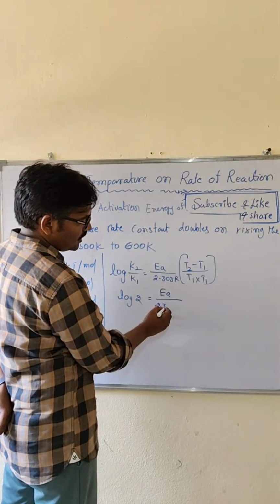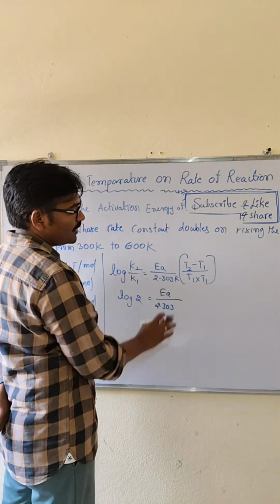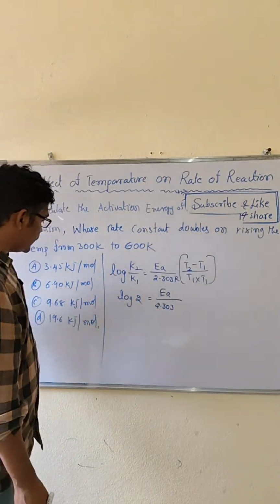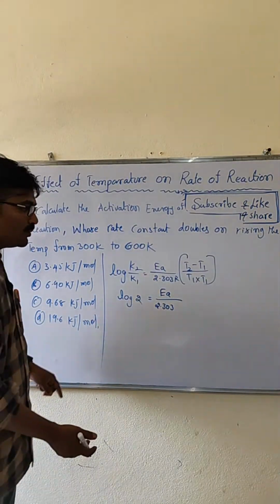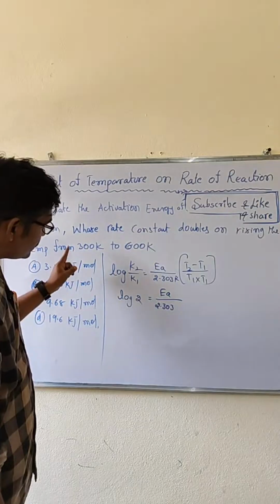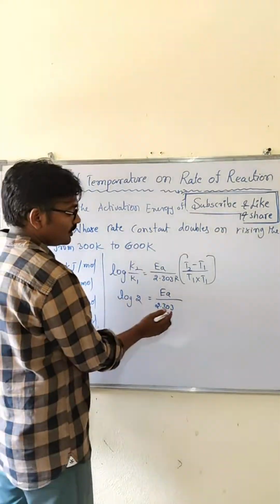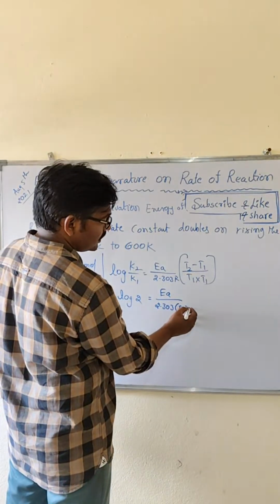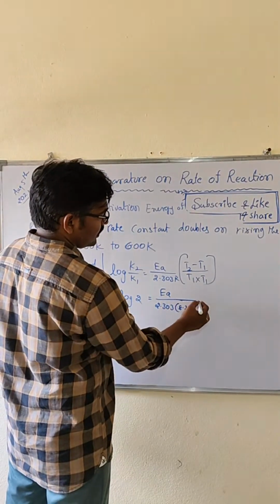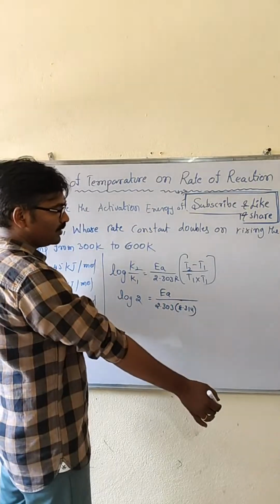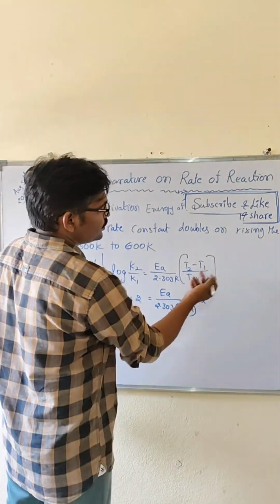Then 2.303, and in the place of R, in case the values are in joules, you have to take 8.314. In case the values are in calories, you have to take 2 calories. Here joules will be used, so 8.314. Then look at T2 minus T1.